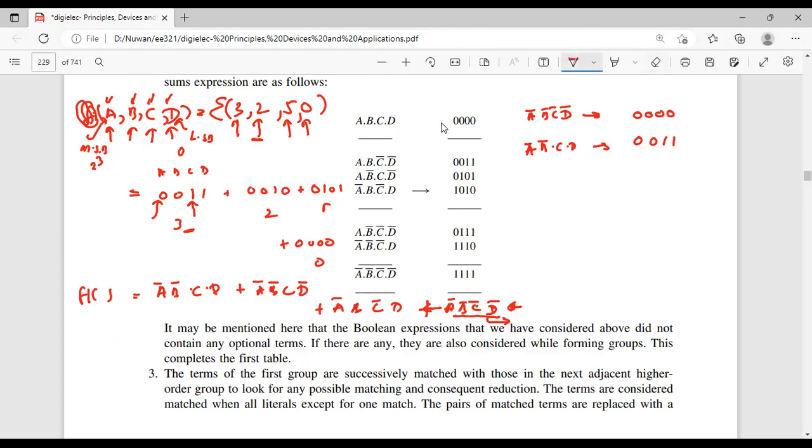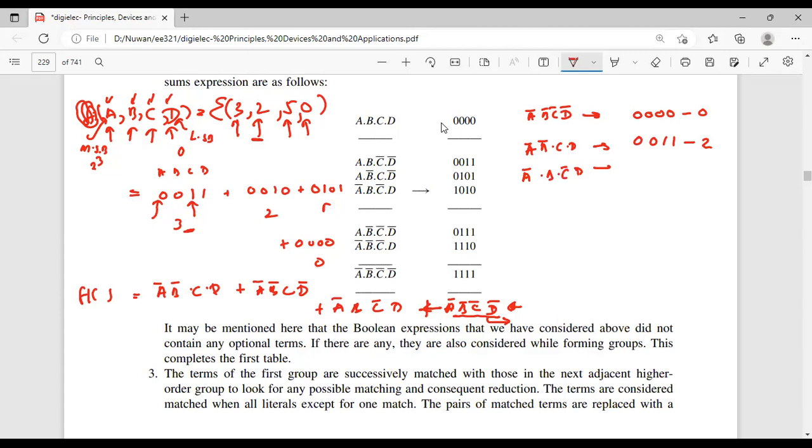So this will be A bar B bar C D. This has 0 ones, this has 2 ones. And this one also, A bar B C bar D, this also has 2 ones.